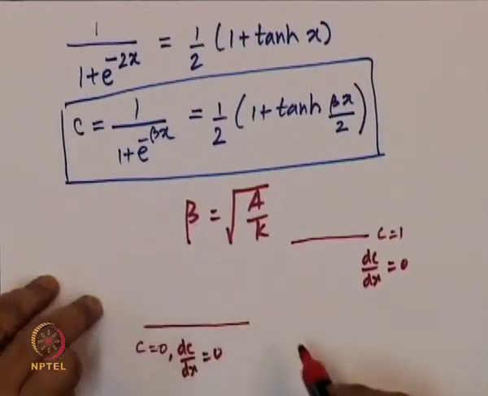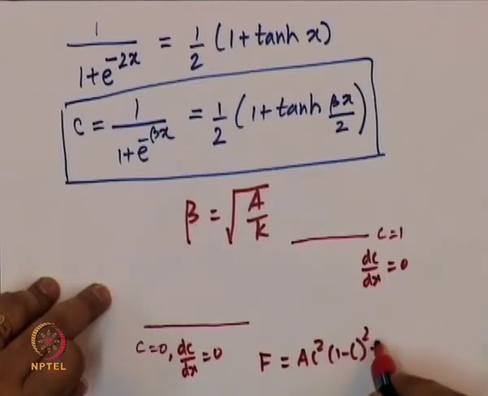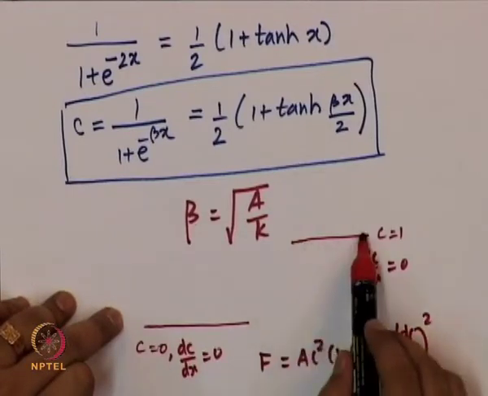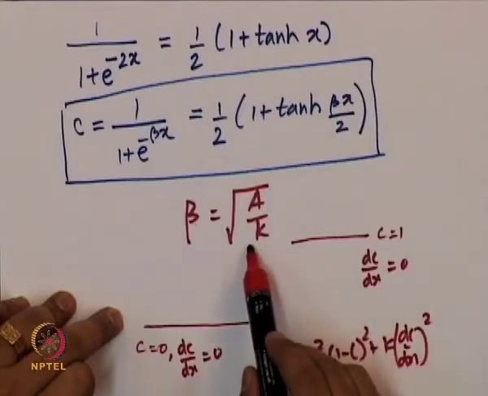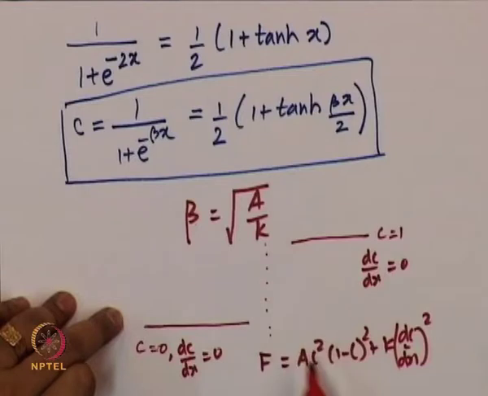So, if you look at the f expression, which has A C squared into 1 minus C whole squared plus kappa dC by dx whole squared, in the bulk both these terms are 0, in this bulk also both these terms are 0. So, if I say that I will have an interface which is sharp like this, up to this it will be constant, up to this it will be constant, this term will be 0, but at the interface dC by dx will blow up. So, that will give a huge contribution to the interfacial energy.